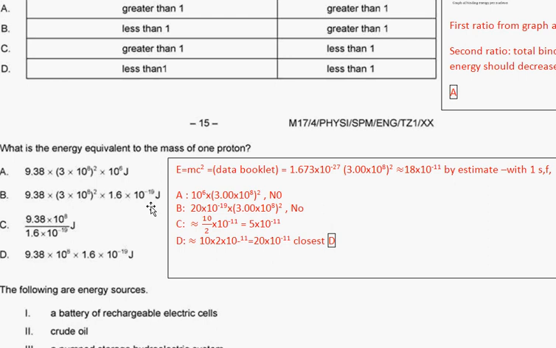Now let's check. So A gives us this is about 10, and this is 10 6. So 10 times 10 6, and then the same factor as we have here. So as a result we say no, because by order it is different. Now here 10 times 2 is 20, 10 minus 19 by the same factor.